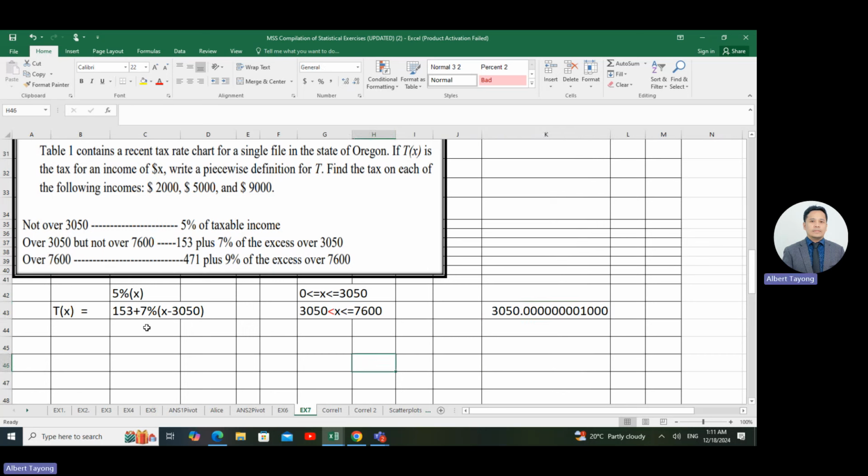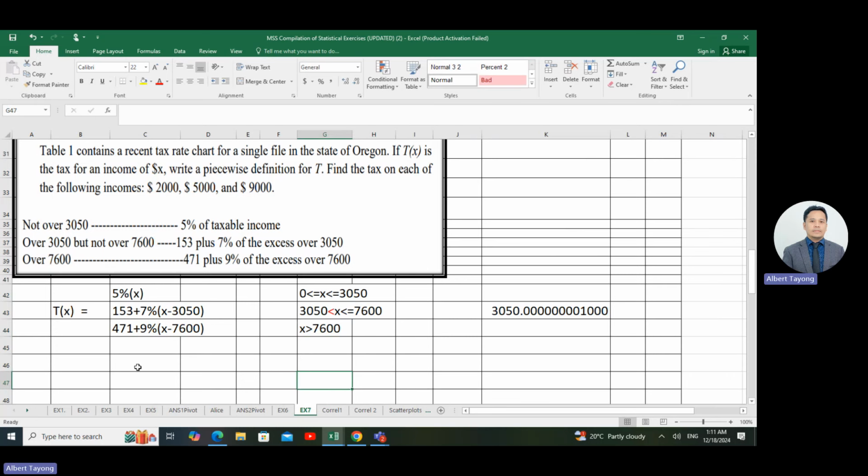Okay, the last one is 471 plus 9% of excess over 7,600. And this is over 7,600.